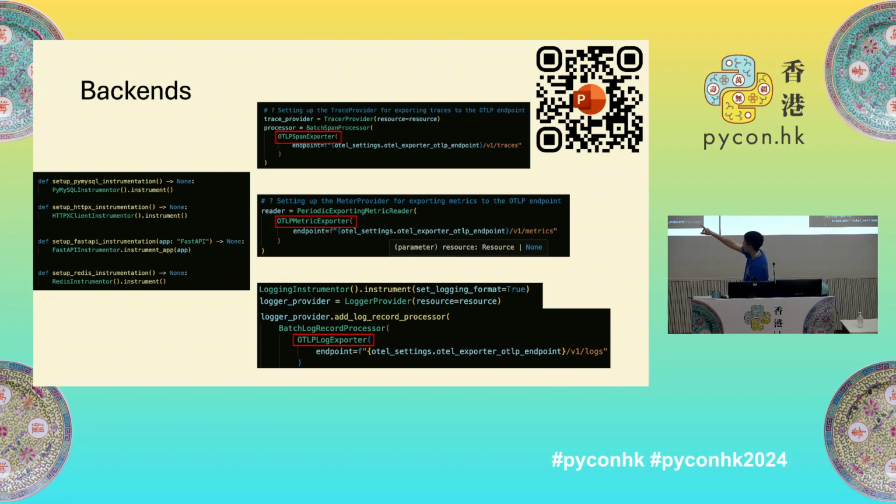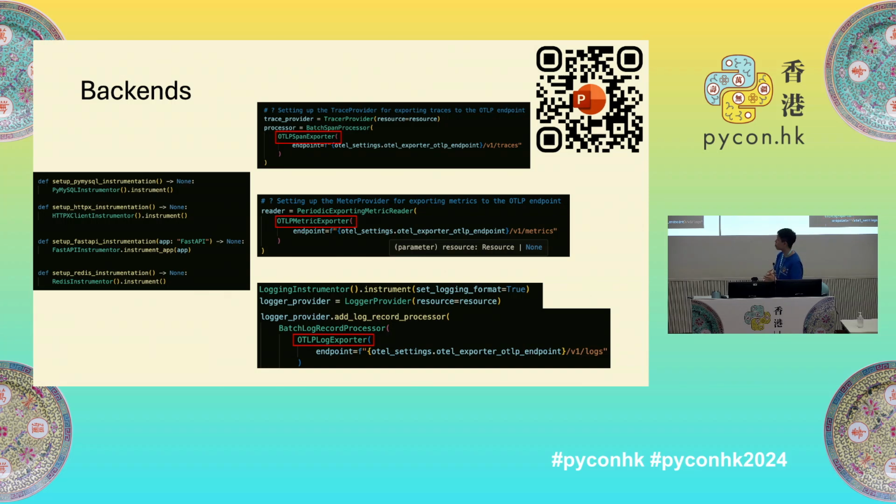If you can see the photo at the left, it says set up PyMySQL instrumentation, set up HTTPS instrumentation, set up FastAPI instrumentation, and so on. If you have really tried writing some Prometheus metrics, you will find that either you have some wrapper to help you route or create those metrics, or you just have to add every counter and histogram to your API endpoints.